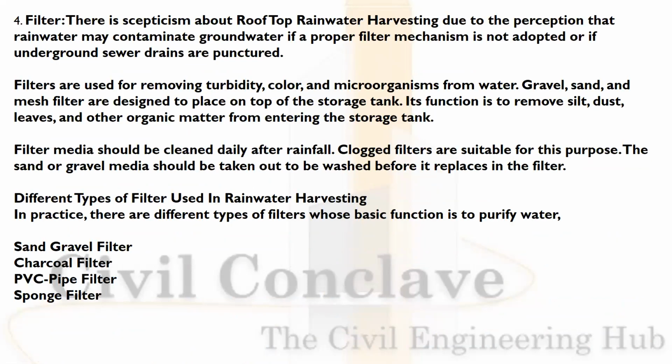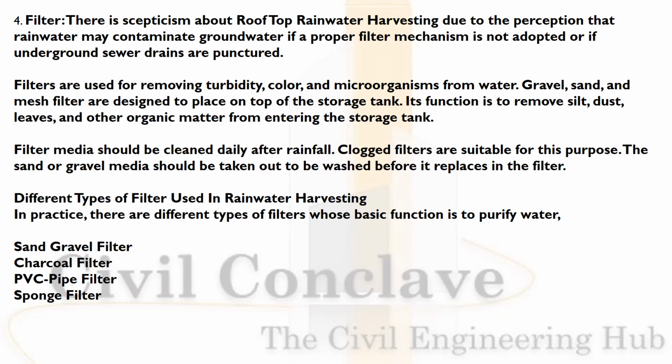Filter. There is skepticism about rainwater harvesting from the rooftop due to the perception that rainwater may contaminate groundwater if a proper filter mechanism is not adopted. Filters are used for removing turbidity, color, microorganisms from the water.